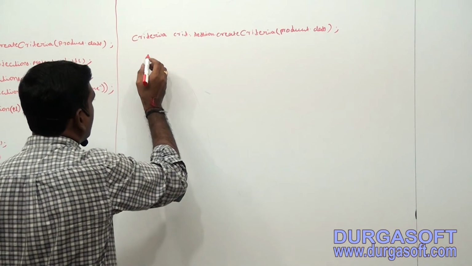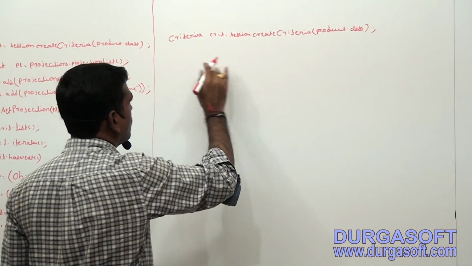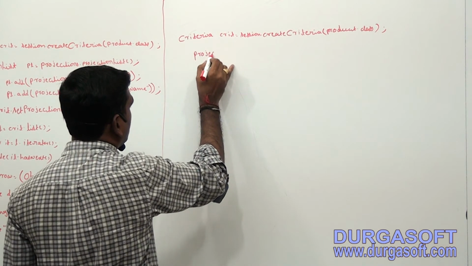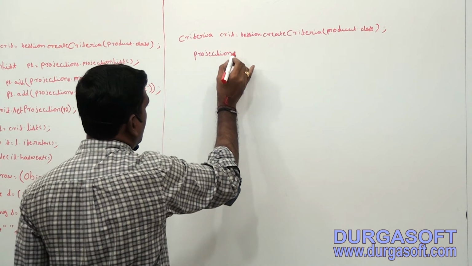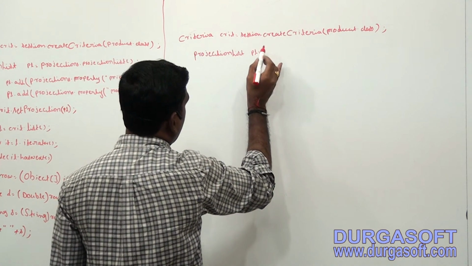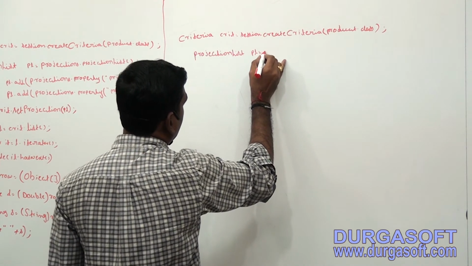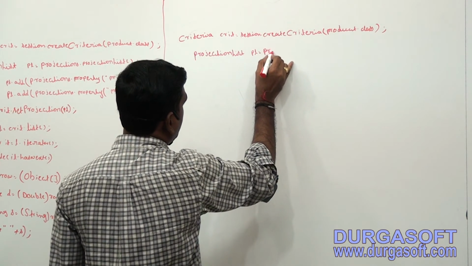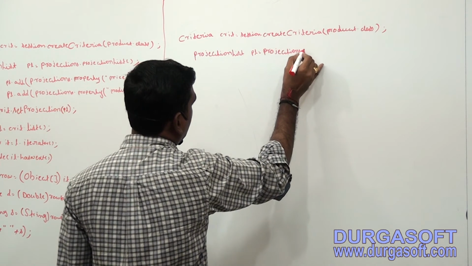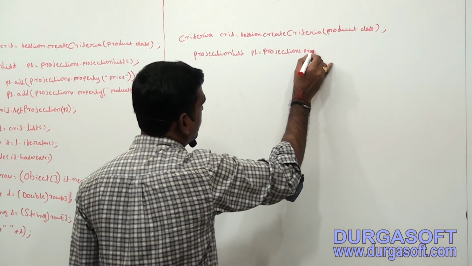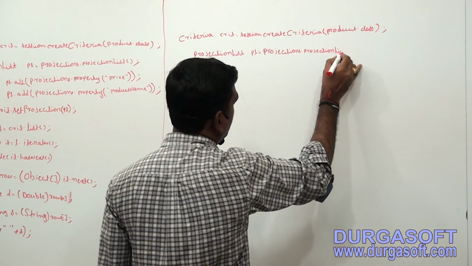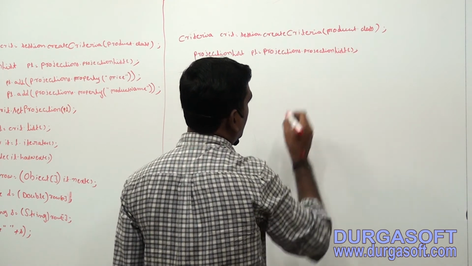Then next after that, ProjectionList PL is equal to Projections dot projectionList.